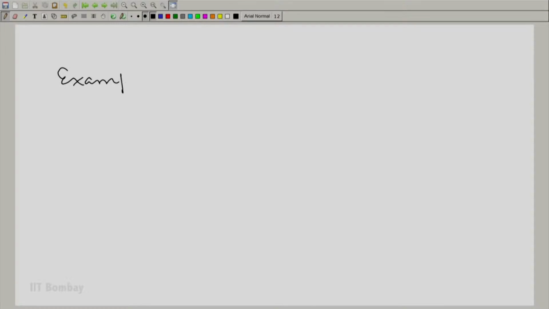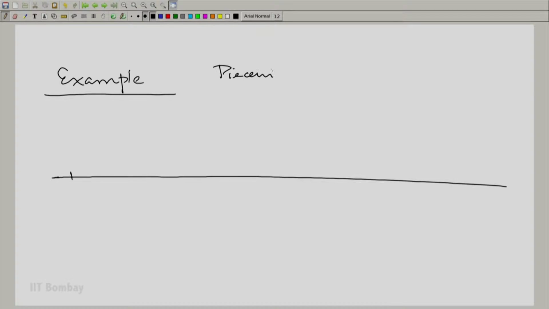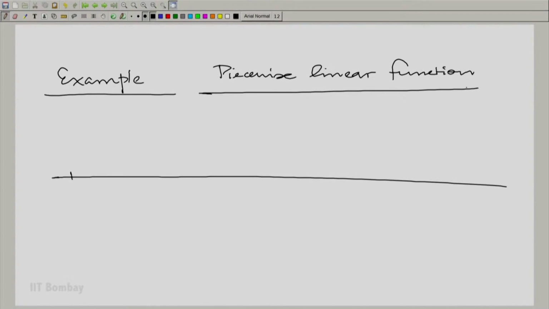Let me take an example and I will give it to you as an exercise to do. I am saying if we take this set of piecewise linear segments, let us say without any loss of generality we could begin at 0 and you can always shift, up to T1 and then up to T2 and another one up to T3.